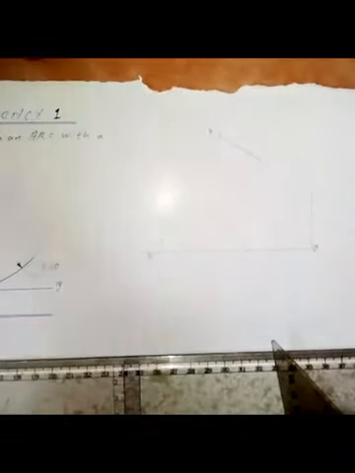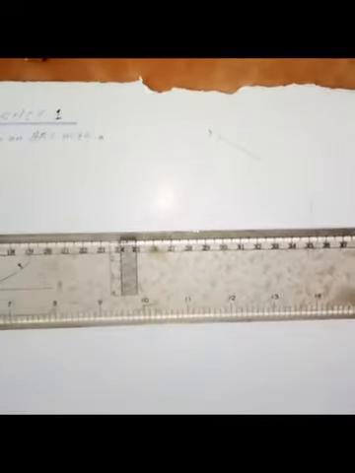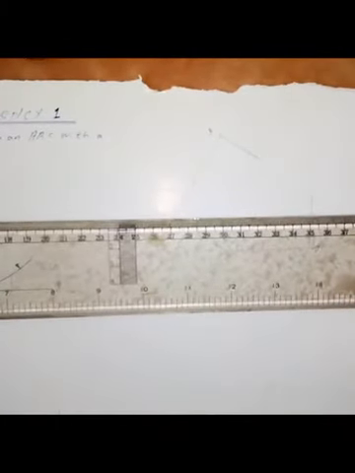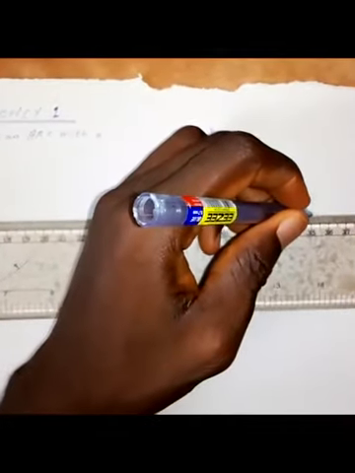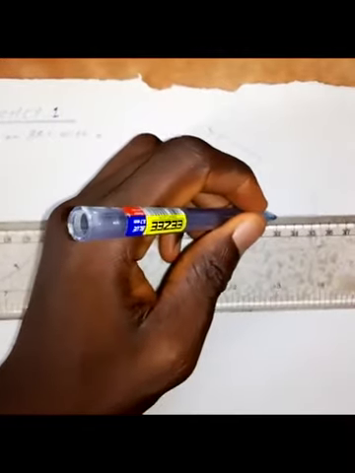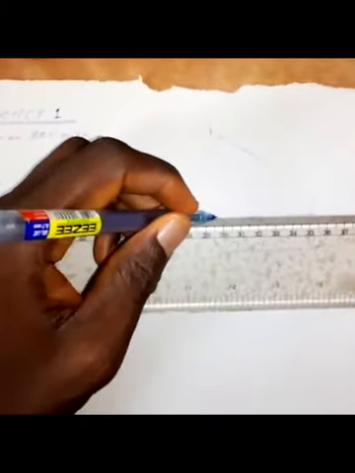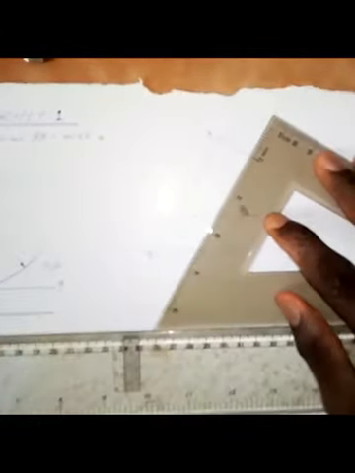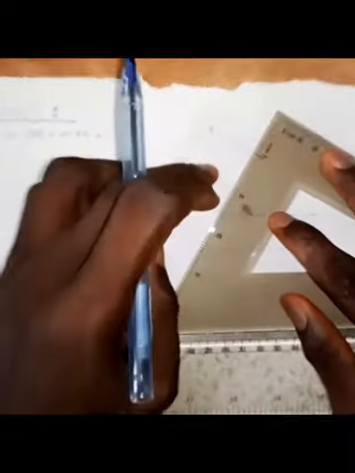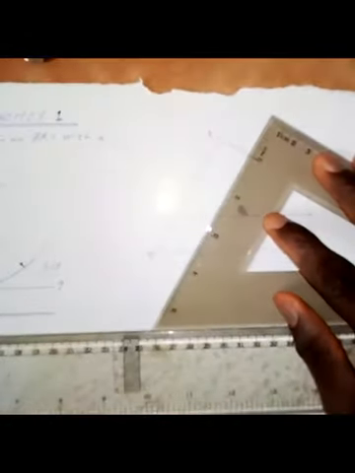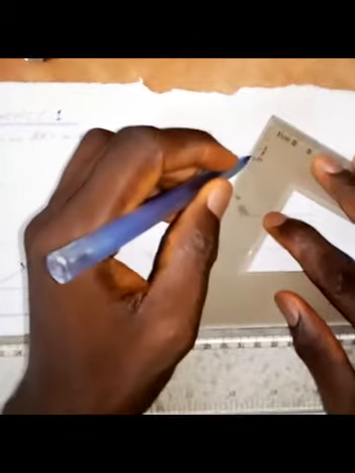Okay, the next thing I'm going to do is draw a straight line, then I will use my 60-degree side. The line that I'm going to draw has to be parallel to this, so I will draw a line from here.